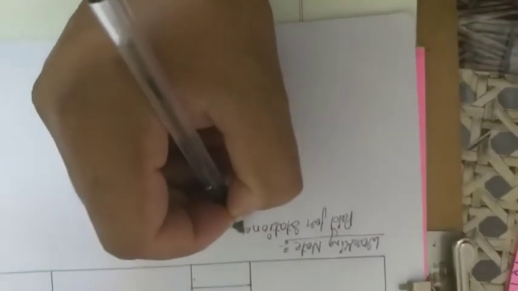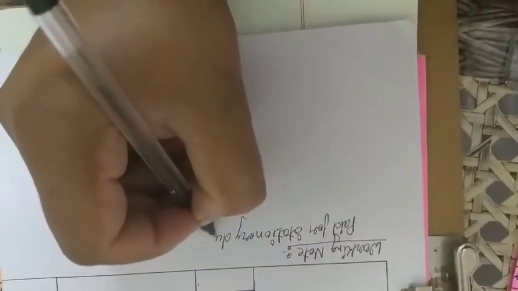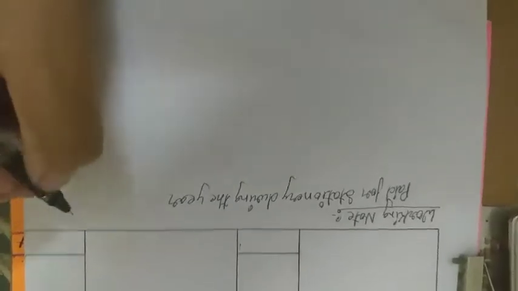In the beginning, what we have done, paid for stationery during the year. The amount related to the format was 89,700. We will write it on this side, 89,700. It is clear.